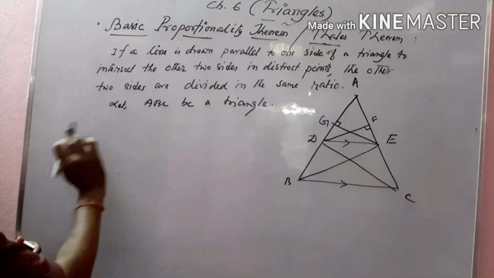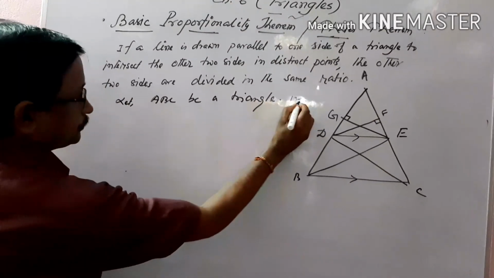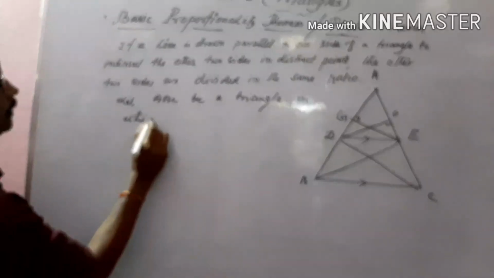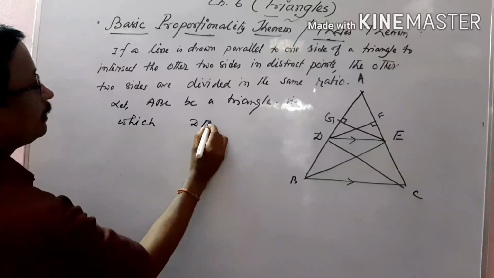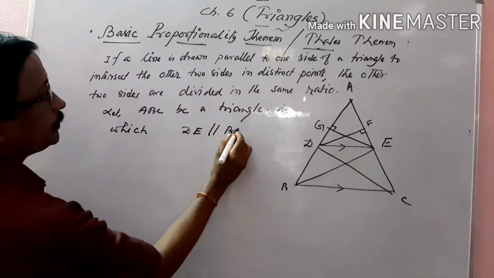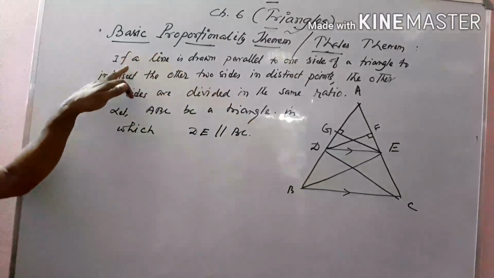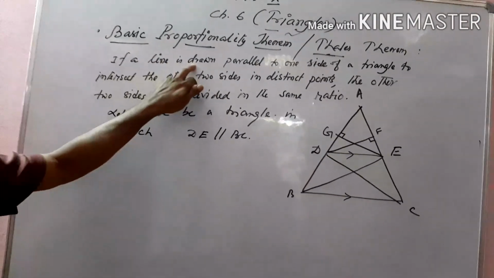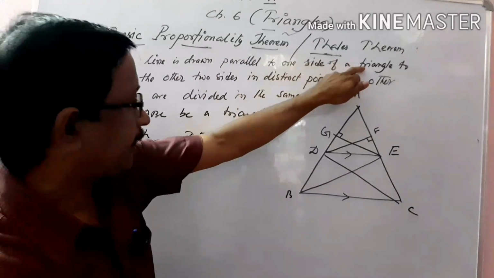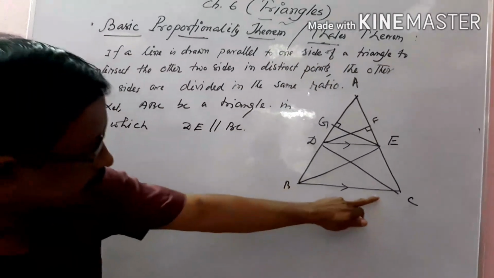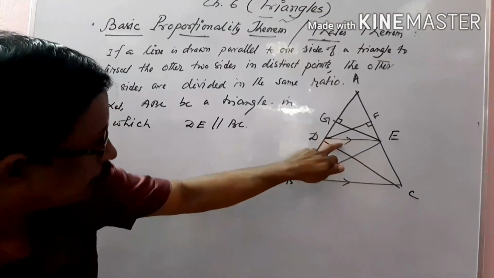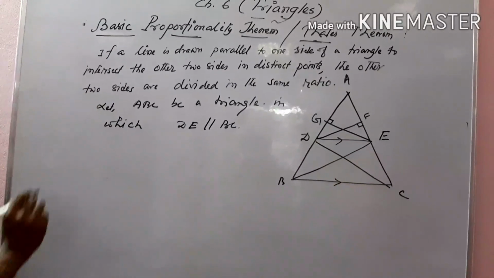ABC is a triangle, in which DE is a line parallel to BC, because the statement says a line is drawn parallel to one side of a triangle. So one side BC is a side of the triangle and the line DE is parallel to BC.